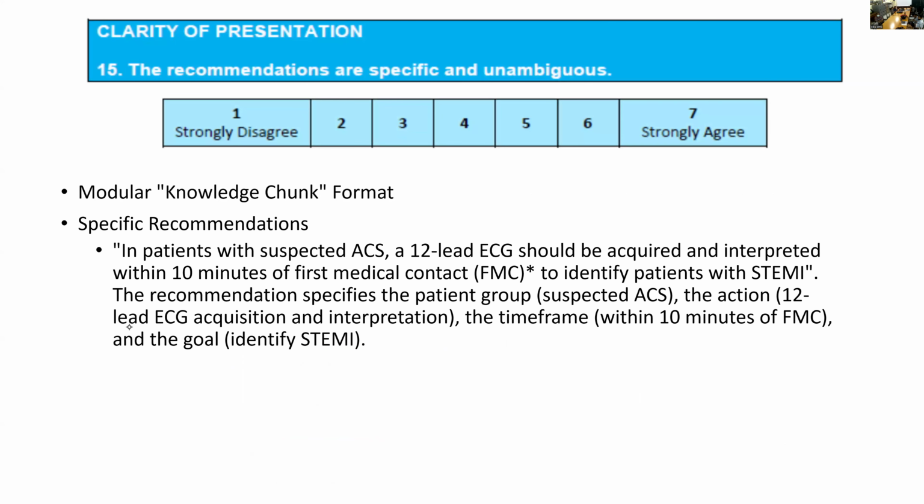I had just put one example. It said, in patients with suspected ACS, a 12-lead ECG should be acquired and interpreted within 10 minutes of first medical contact to identify patients with STEMI. So here the recommendation specifies the patient group, which is suspected ACS, the action, which is 12-lead ECG acquisition and interpretation, the time frame, which is 10 minutes, and the goal, which is to identify STEMI.